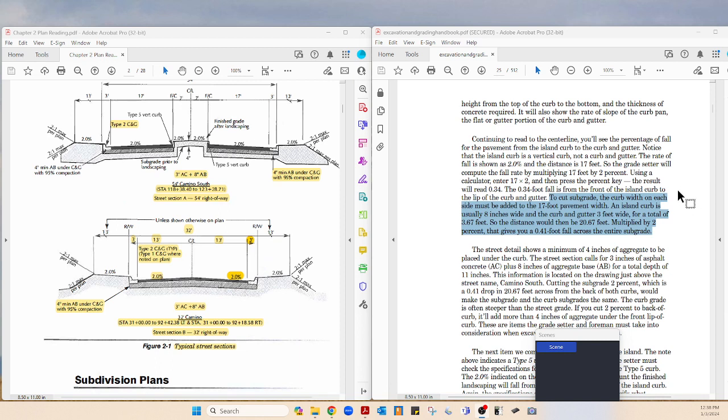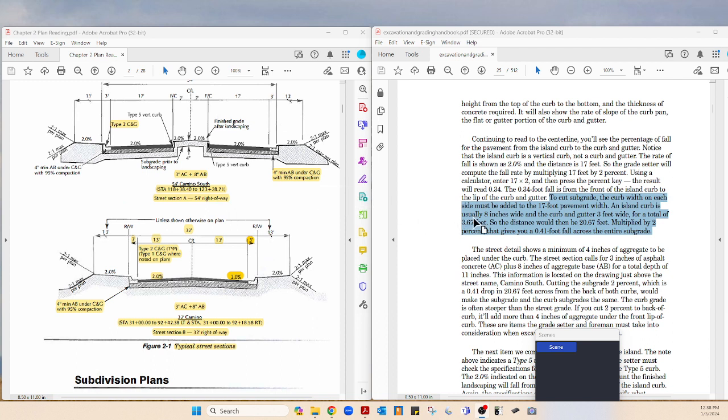It says to cut subgrade, the curb width on each side must be added. So this side, whatever width this is, must be added to whatever width this is on each side. We have to do that to accommodate the thickness, or the width, of the curb. It says to cut subgrade, the curb width on each side must be added to the 17-foot pavement width.